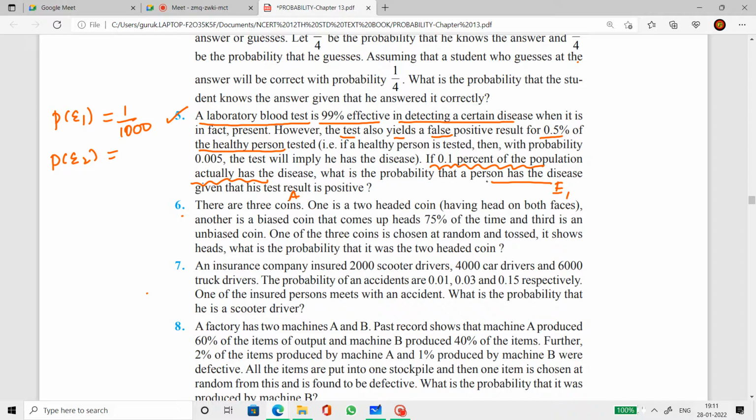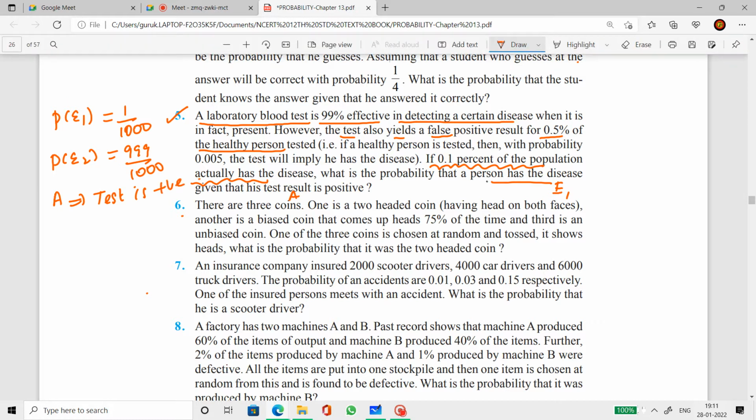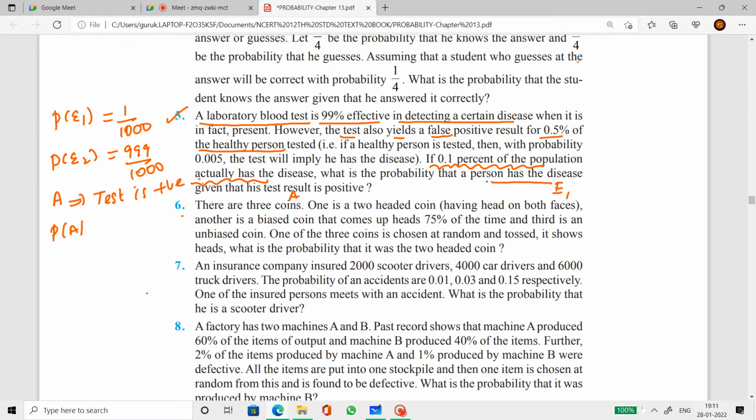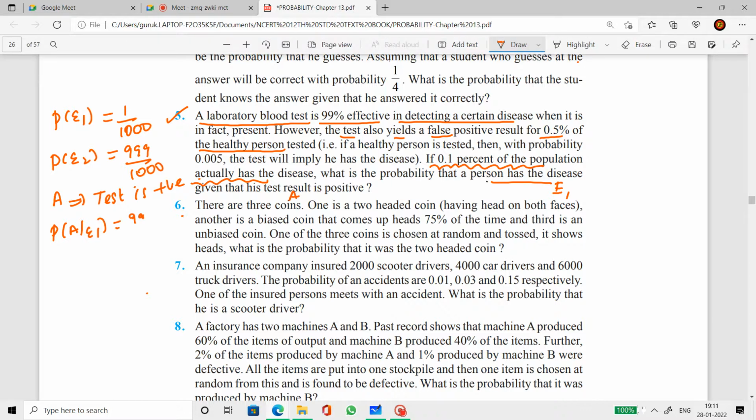So it is 1 minus 1 by 1000, so 999 by 1000. Now A is the test is positive. The test result is positive. Now A given E1 means E1 is having the disease, A is the test is positive. So the test shows a positive result given that he has the disease. That means the test shows correctly, it was able to detect the disease. So as per the data given, it is 99 percentage.